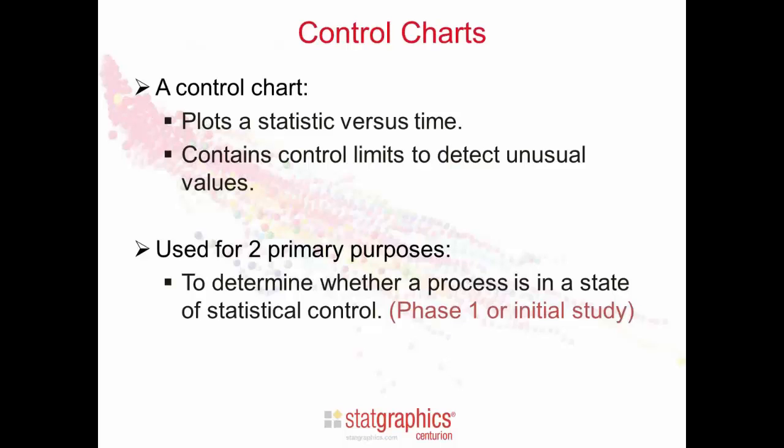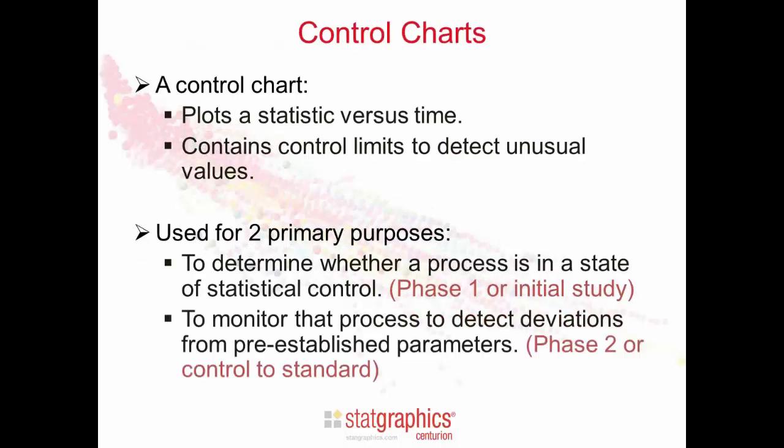The initial study is the word we use in Statgraphics. The second primary purpose for creating a control chart is to monitor your process, to detect deviations from some standard that you've already established.